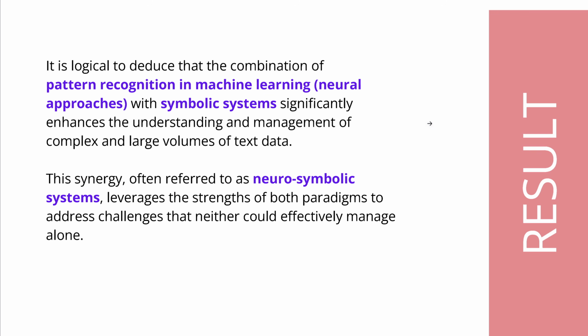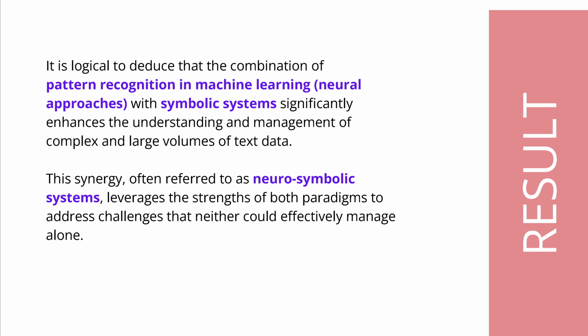So here you have the result. It is therefore logical to deduce that a combination of the pattern recognition of our machine learning, our neural approach, our LLMs, our ChatGPTs, with symbolic systems will significantly enhance the understanding and the management of complex and large volumes of text data.